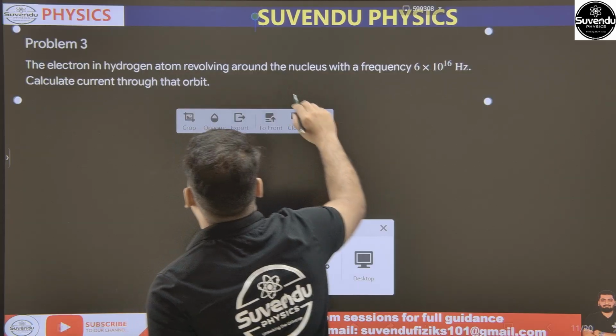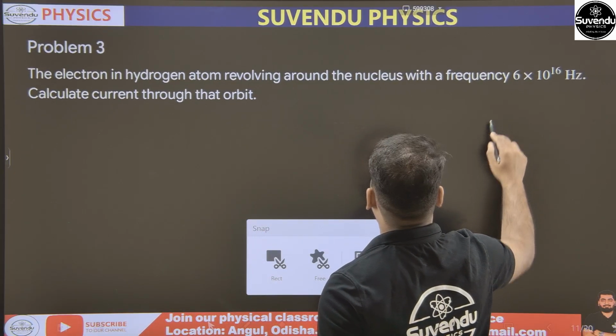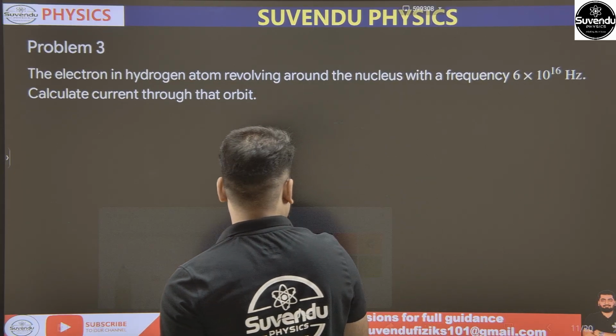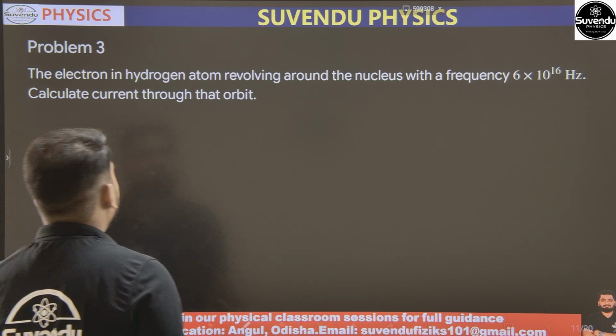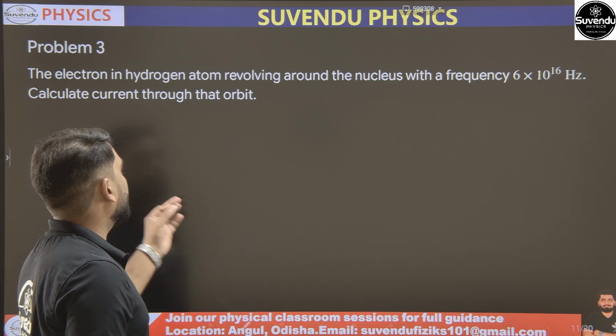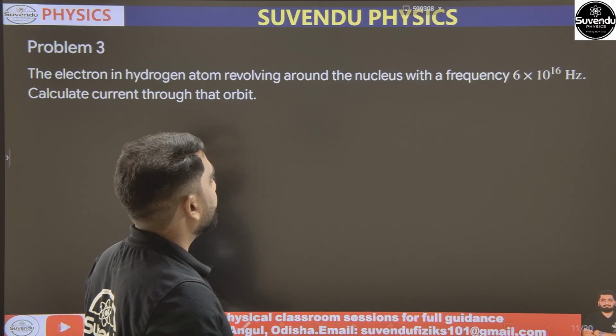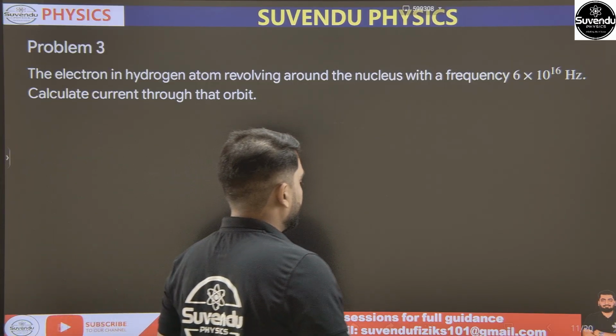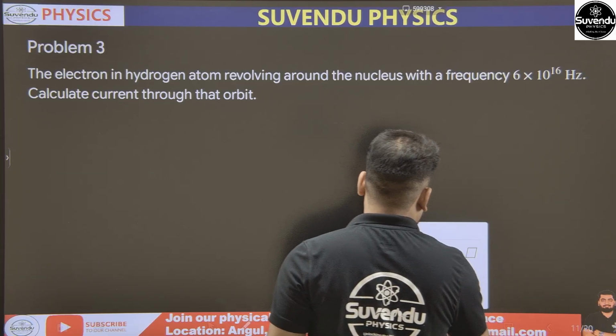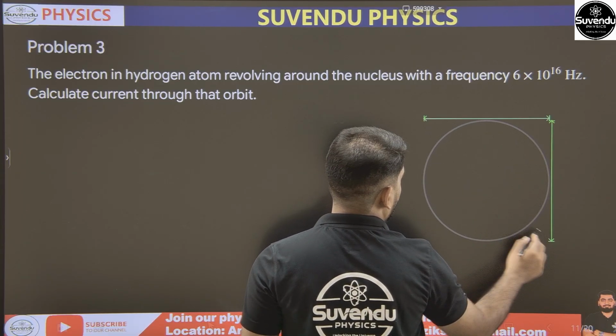The electron in a hydrogen atom revolves around the nucleus with a frequency of 6 into 10 to the 16 hertz. Calculate the current through that orbit. In a hydrogen atom, the electron is revolving around the nucleus with this frequency. What is frequency? Frequency is 1 by time period.